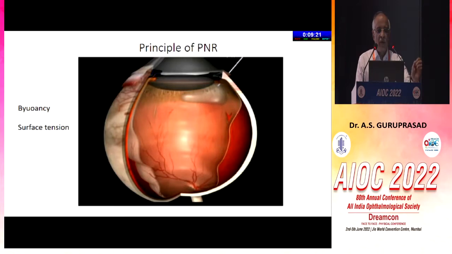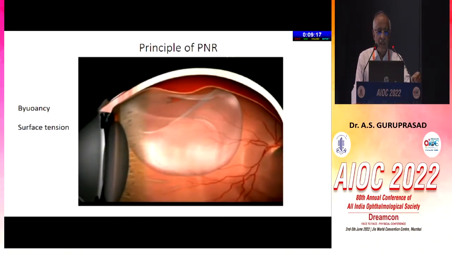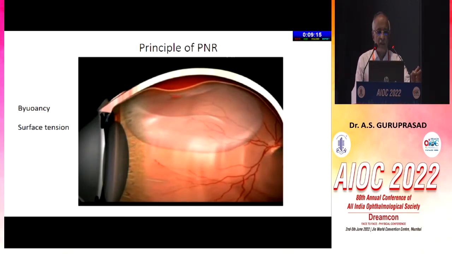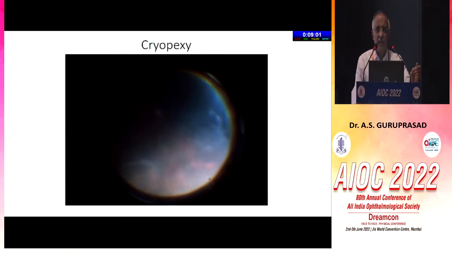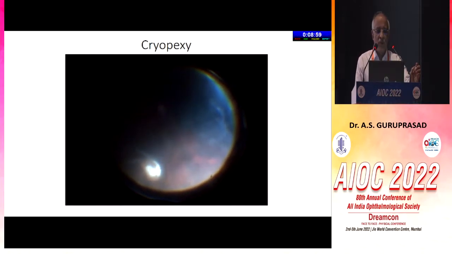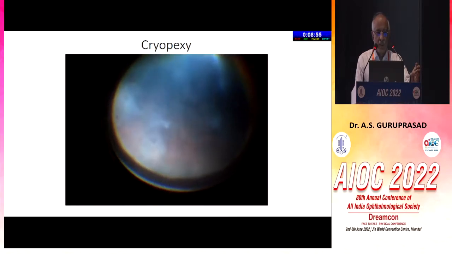The principle of pneumatic retinopexy is very well depicted in the schematic. Gas is injected into the vitreous cavity in a certain volume, and because of the buoyancy and surface tension of the gas, the retina is opposed to the underlying RPE, which results in reattachment. This is further reinforced and made permanent by inducing inflammation, using either cryopexy, as shown in this video.